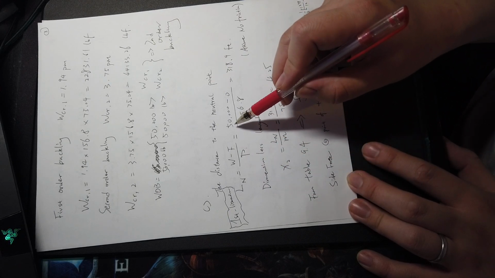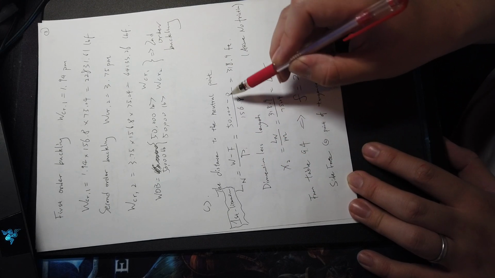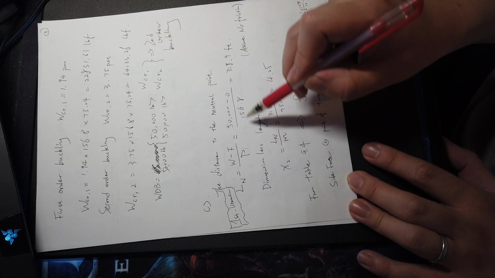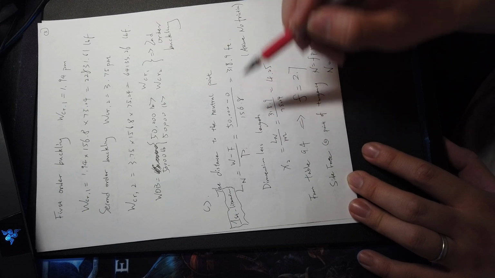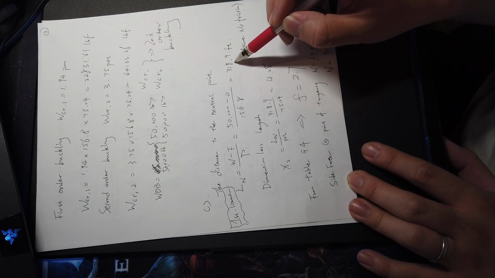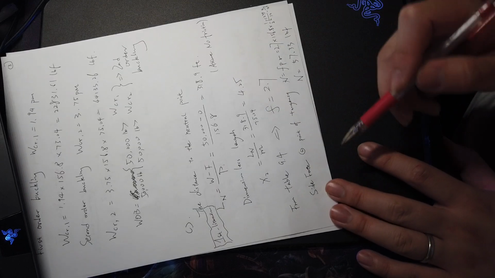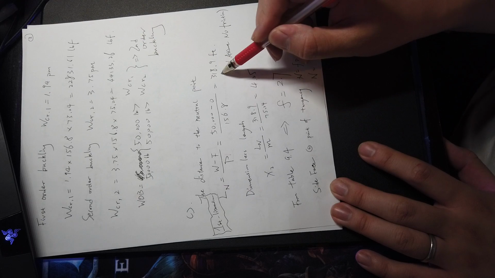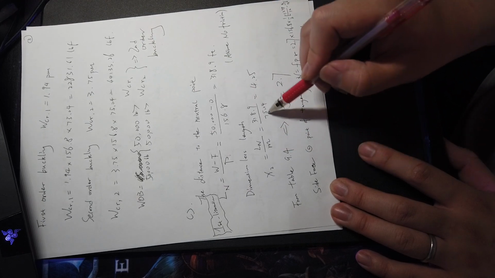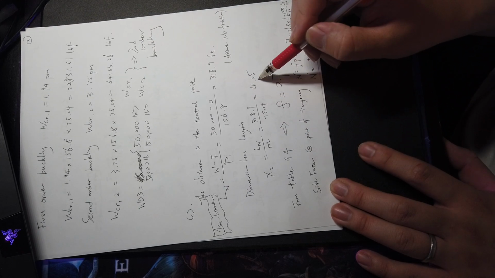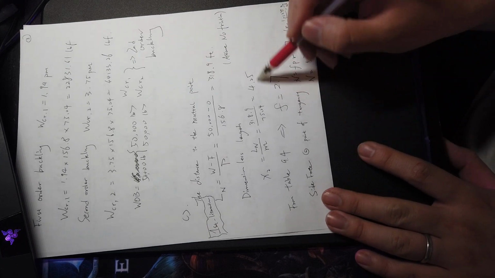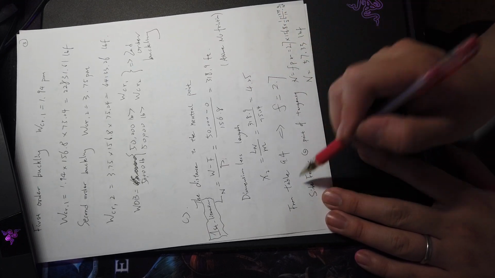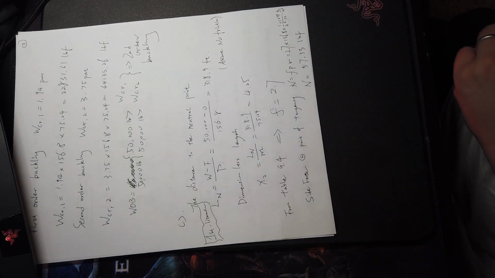With this equation you can calculate the length to the neutral point, which is 50,000 minus 0 divided by P, 156.8. You get 318.9 feet. And the dimensionless length is this length we just calculated divided by the M, 75.04. You get 4.25. So with this one, you will need to find out from the table 4.9.